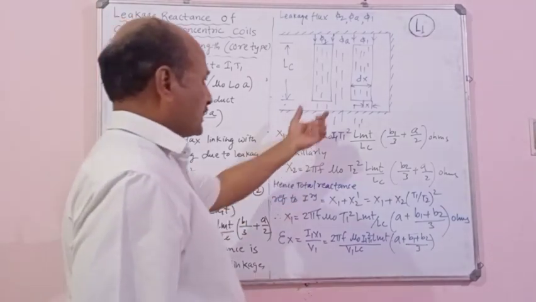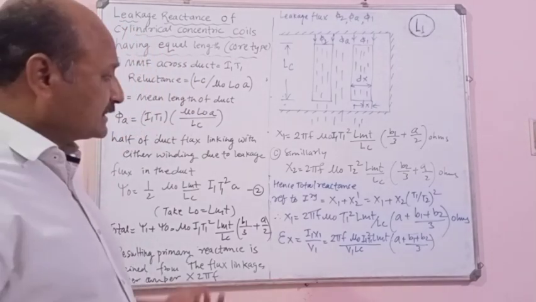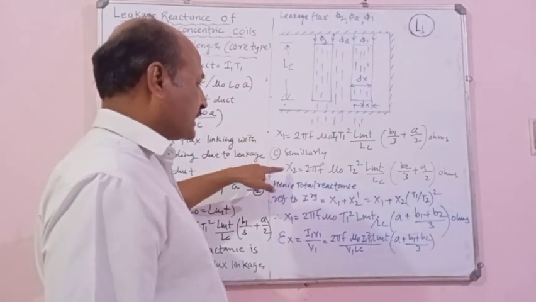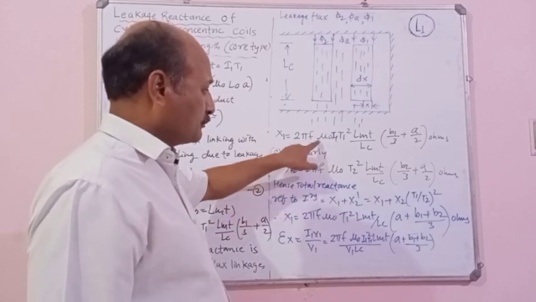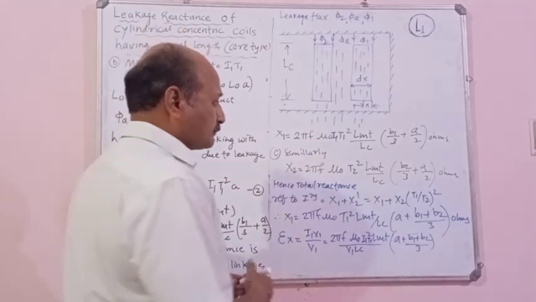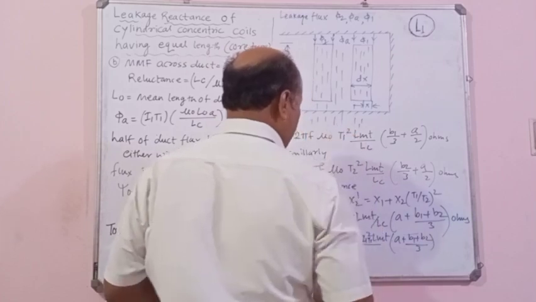Similarly, you have to calculate for the secondary leakage flux. So directly we can write this, just like the primary leakage flux. The secondary leakage reactance equals 2 pi f mu 0 as it is, then I2 into T2 square.